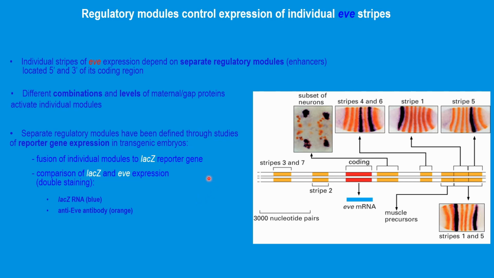By refining those fragments, chopping off bits and pieces, they can see exactly which non-coding DNA region they can map to the enhancer and expression patterns. In these animals we have the wild type Eve expression marked with an antibody in orange, and then we have lacZ reporters containing fragments of DNA, with the lacZ gene instead of the Eve gene, and we can see where it's turned on.